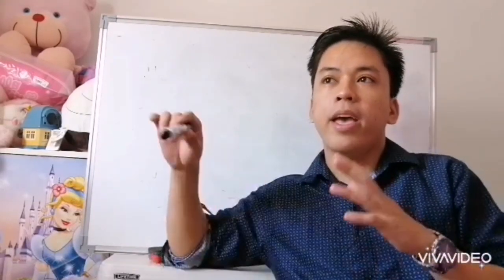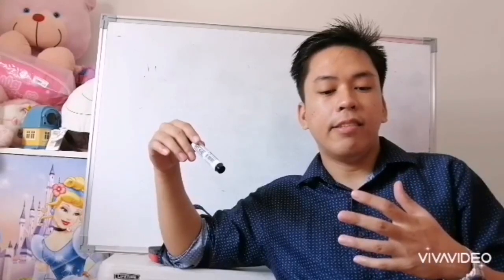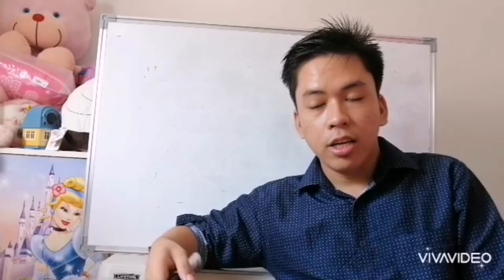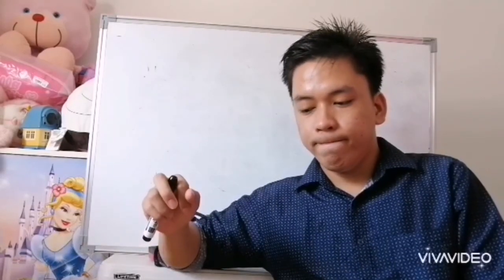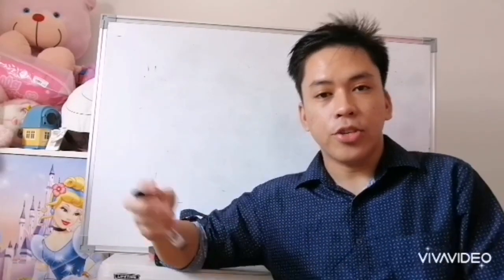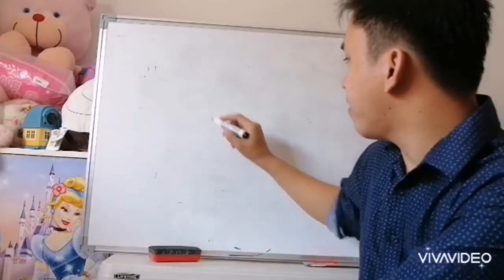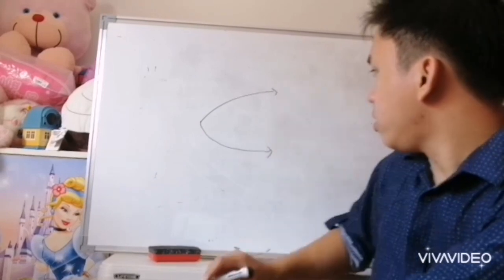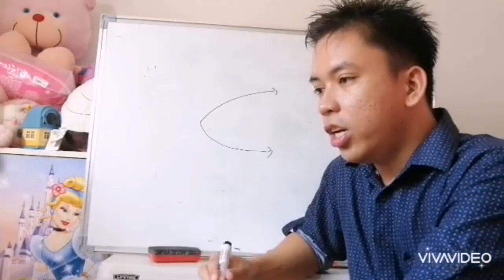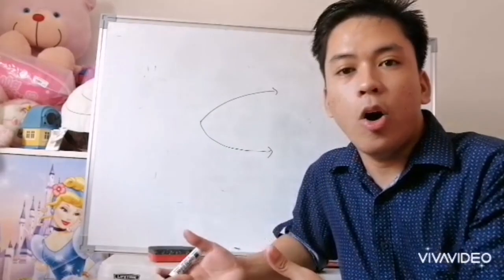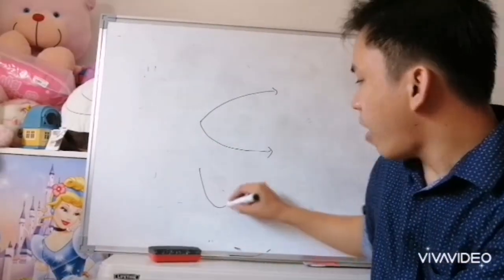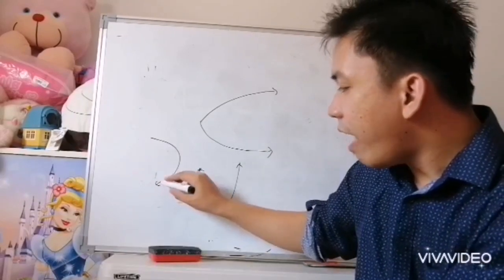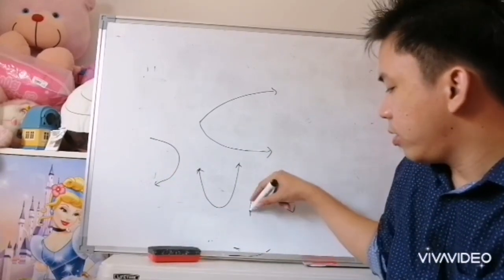If you would like to imagine, a parabola is a graph which is mirror symmetrical and almost a U shape. It's something like this. This is a parabola. Either your parabola opens to the right, or it opens up, or it opens down, or left.